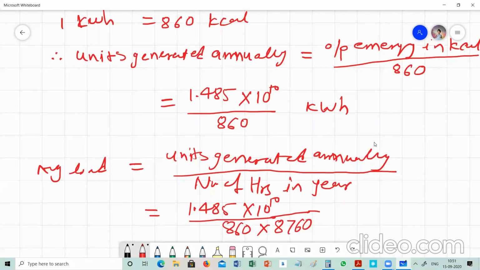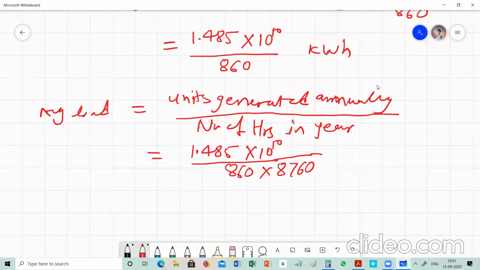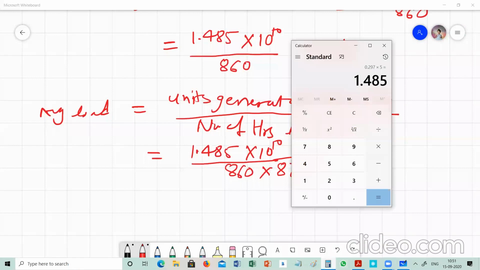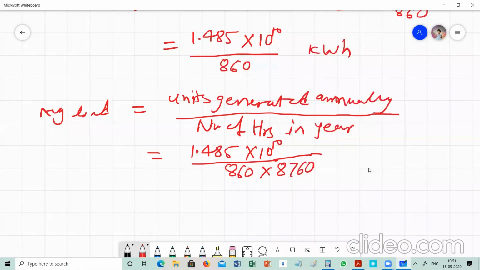If you do this division, you get the value of average load. I already have the value, it is equal to 1971 kilowatt. You can check by doing the calculation on a calculator.